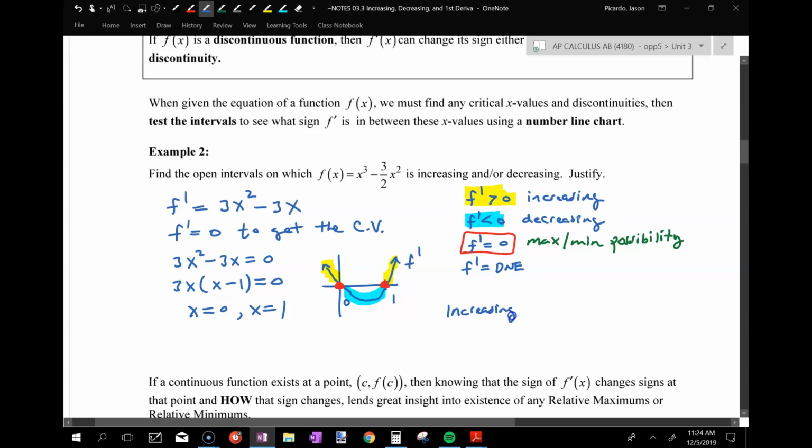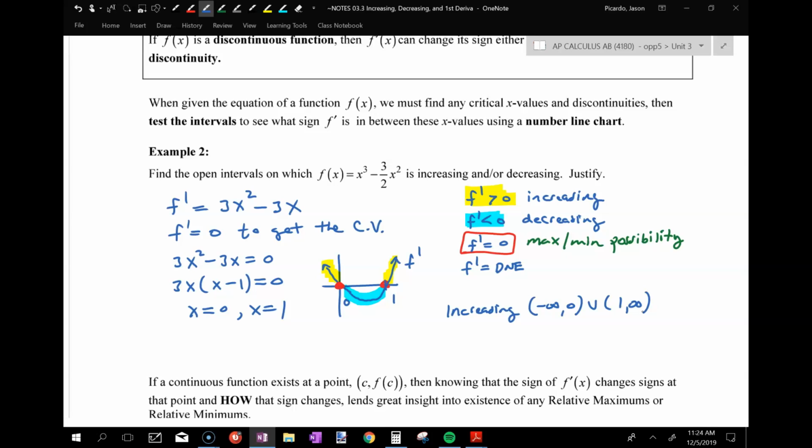I'm increasing on the following intervals. Ready? Well, increasing is the yellow portion, right? So would you agree it's from negative infinity to 0? And from 1 to infinity. So that's the idea of using interval notation, just looking along your number line, right?